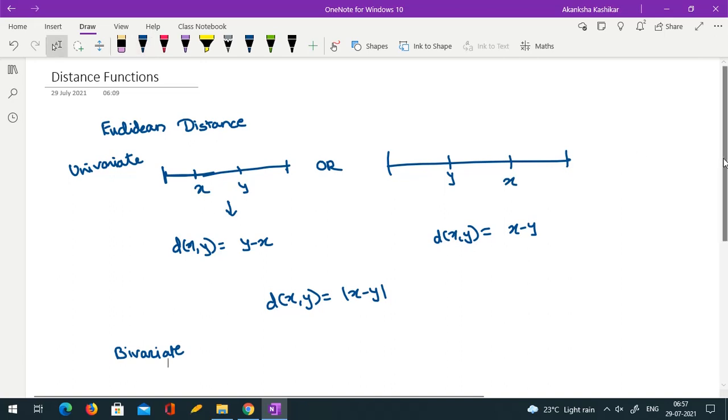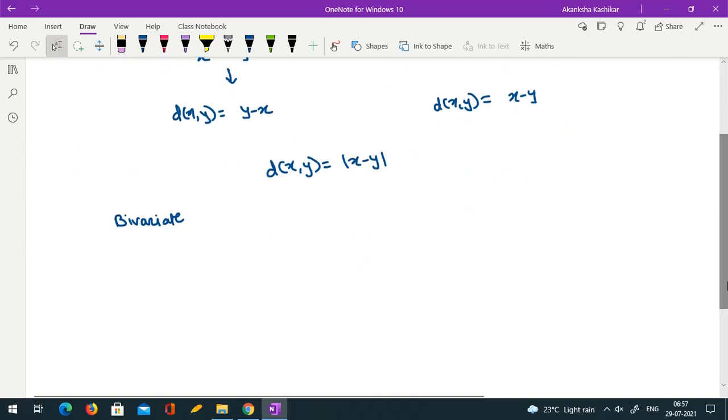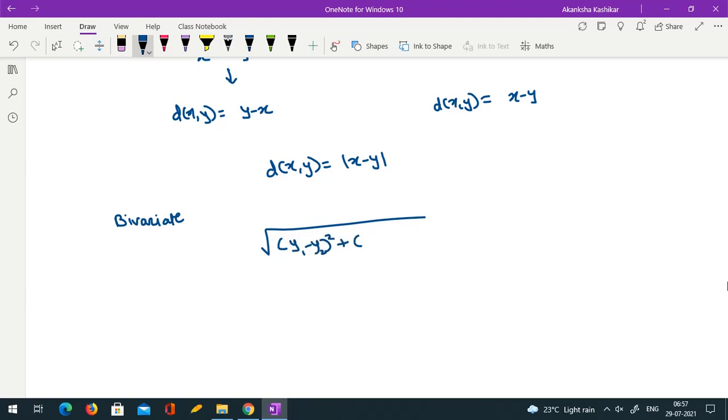Not necessary. It's already squared, so you don't need any of that. You just need x1, x2, y1, y2 to be the two coordinates, and then you can say (x1 minus x2) square plus (y1 minus y2) square, all under the square root.